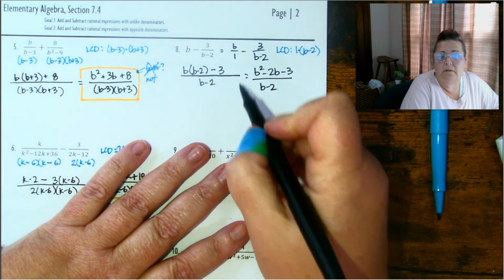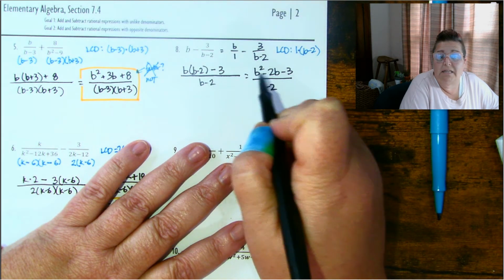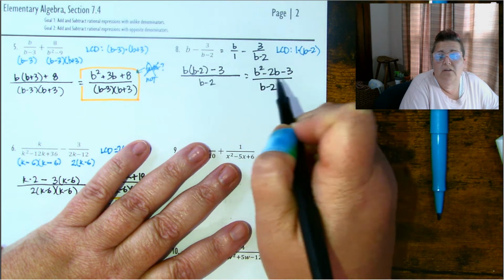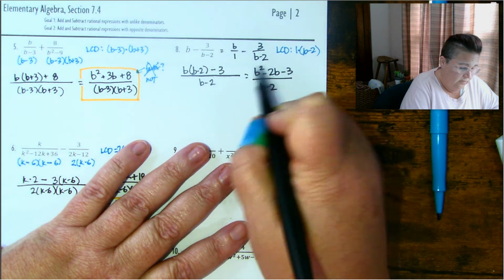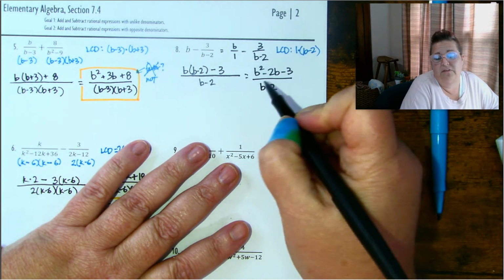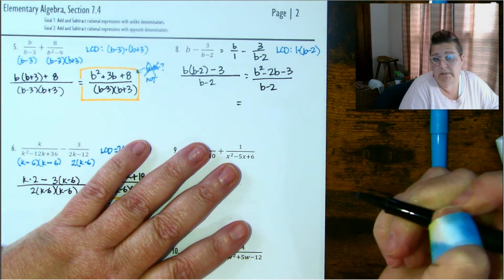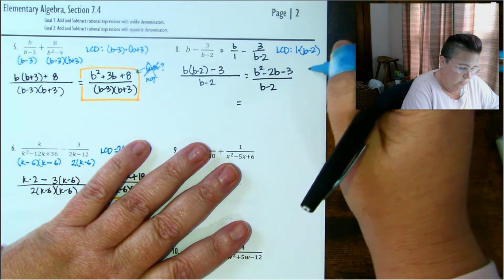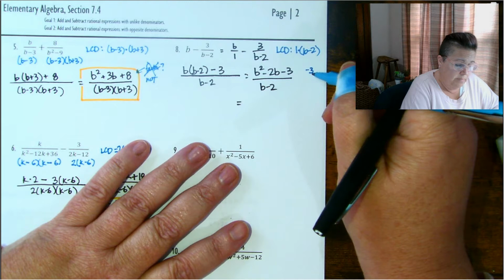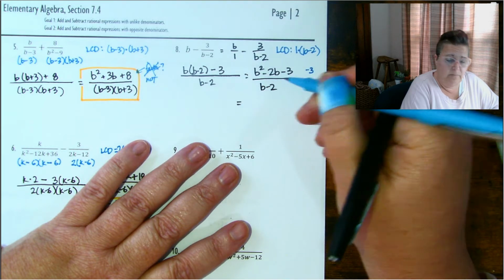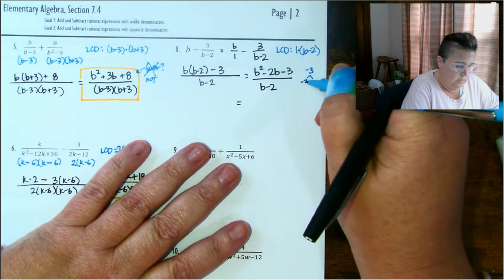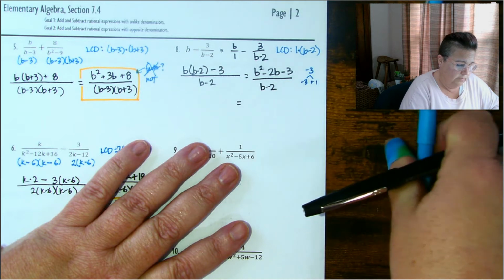All right. Now I do have a quadratic. It is a trinomial. Is this factorable? Because if it's factorable, then maybe it cancels with the b minus 2. Maybe not. So multiples of pairs for negative 3 that add to be a negative 2. Oh yeah, negative 3 and a positive 1.